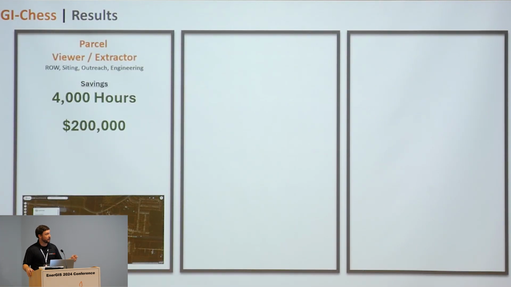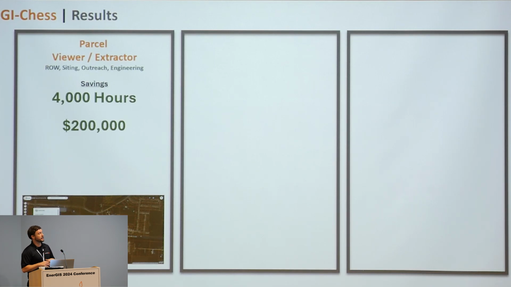To give you some examples of initiatives that basically got cut, I got 3 examples here, and all 3 of these things took less than 20 hours. The first was the parcel viewer extractor. Very simple. It was a collaboration between right-of-way siting, outreach, and engineering. They all needed parcels for the design and engineering portion of a project. And IT had already purchased a nationwide parcel layer.